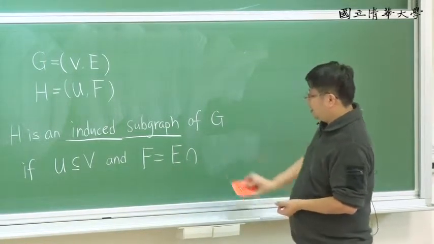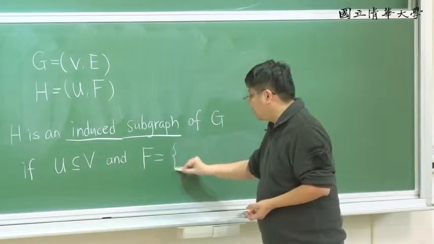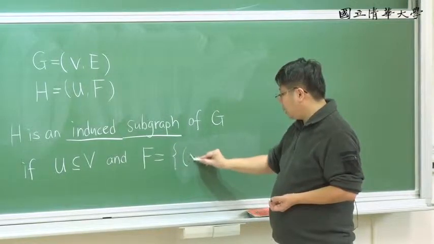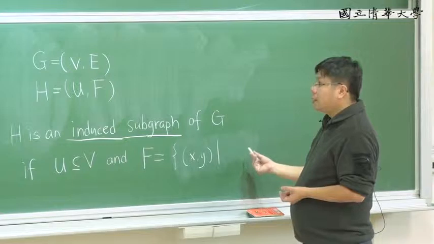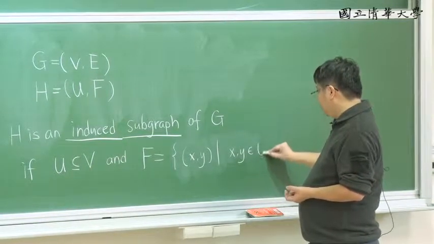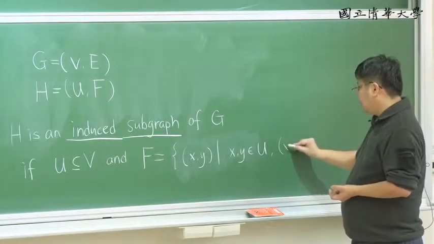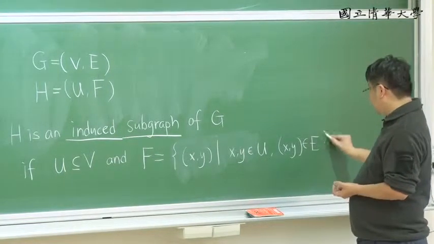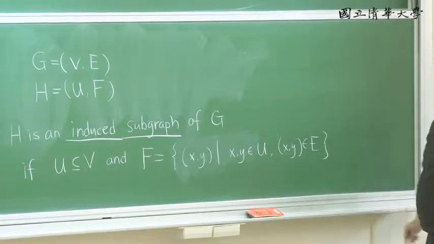F is equal to xy such that x, y are vertices in U, and this xy, the edge xy, is in E. Okay, then we use set notation. That's really easy. So what does that mean?